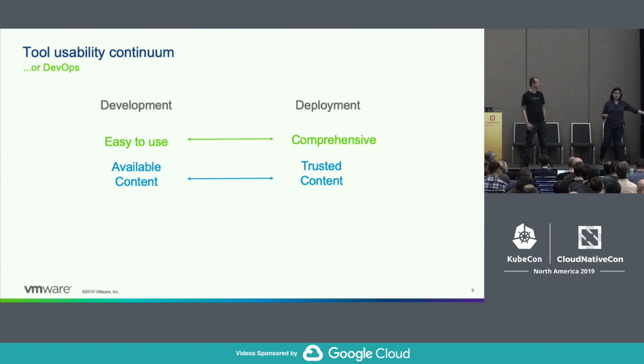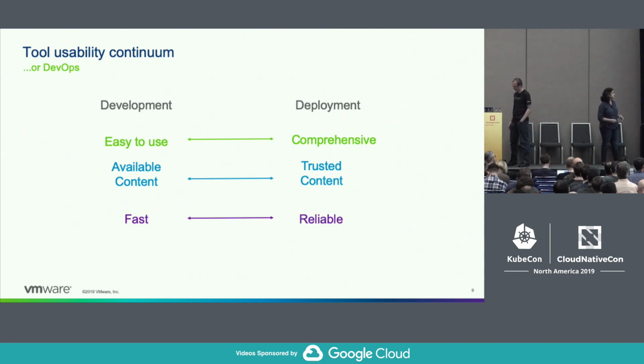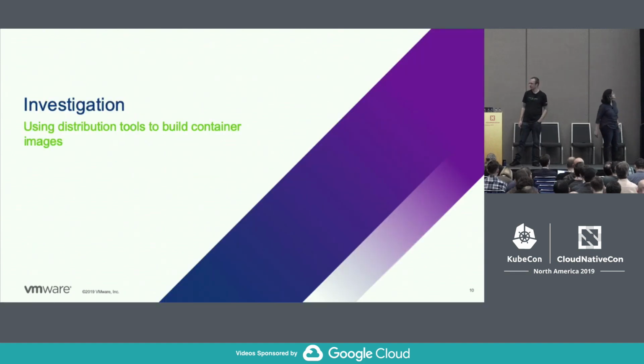On the other hand, it is very difficult to reason about the trustedness of these components. And the last one is that we want the tool to be very fast to use, so developers can iterate over their software as fast as possible. What that balances against is the reliability of the thing that they're deploying. Because you want the software to be reliable, the tools end up being slower when they're building. And so these are the three things that the tools need to balance.